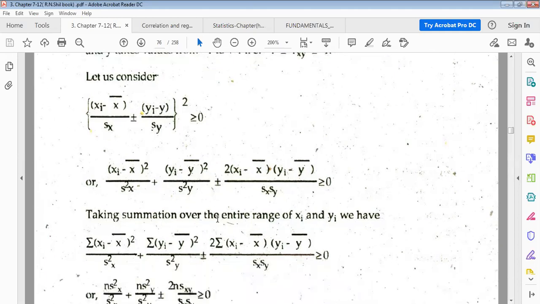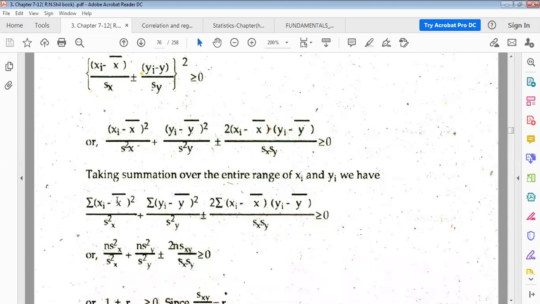Now taking summation over the entire range of xi, because xi is a variable with a range, and yi is another variable. We are discussing the correlation between these two variables x and y. So taking summation on both sides, we get summation of this and 2 into summation of this product, which must be non-negative.